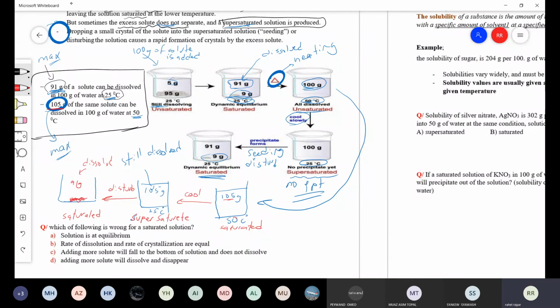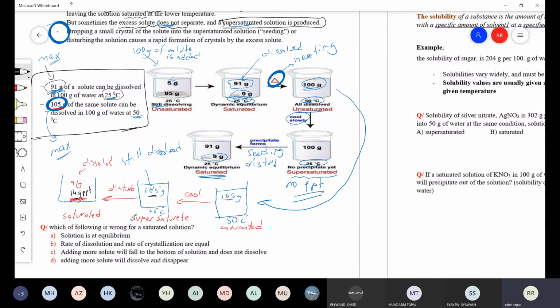How many grams precipitate do we have? 14 grams will precipitate. 14 grams. Why? Because we come from 105.